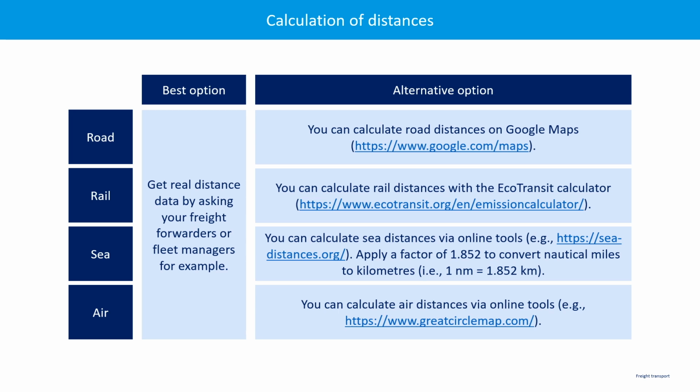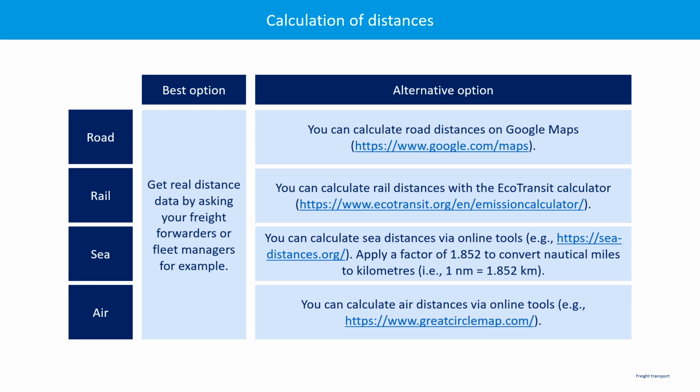And the distances in these online tools are typically calculated in nautical miles, so don't forget to convert these to kilometers as required by the emissions factors. So you can apply a factor of 1.852 to convert nautical miles to kilometers.